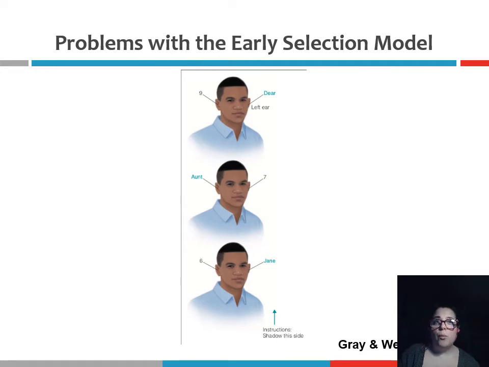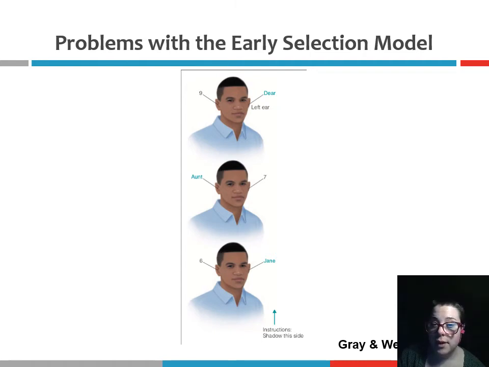And essentially what this experiment demonstrated, so basically in this experiment, in the left ear, they heard Dear 7 Jane, and in the right ear, they heard 9 Aunt 6.